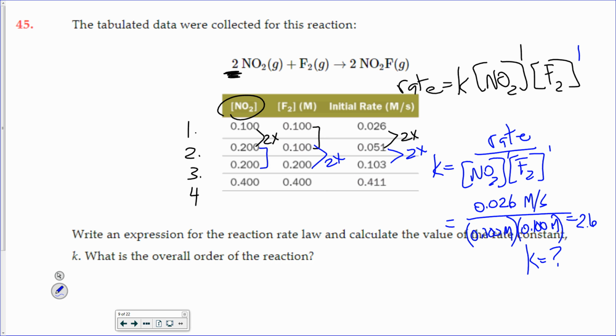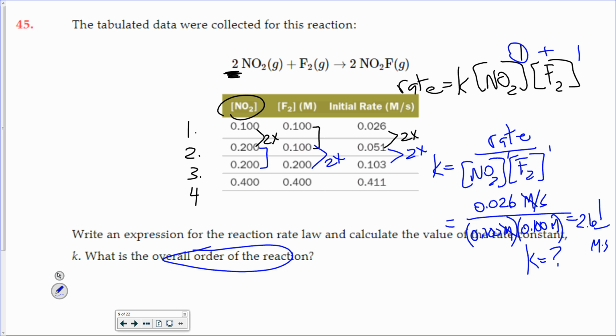And if I look at the units, the molarity on the bottom cancels out with one of the molarities on top, but I've still got a molarity on the bottom, so the units for K are inverse molarity, inverse seconds, and that's what I expect for something that's second order overall. Okay, because it's first order plus first order, and that's what the last question is, what is the overall order.